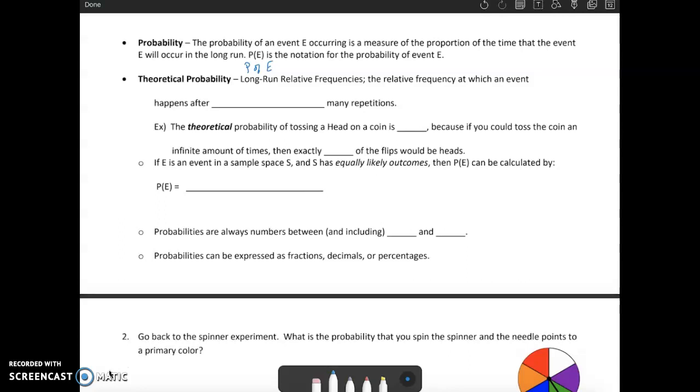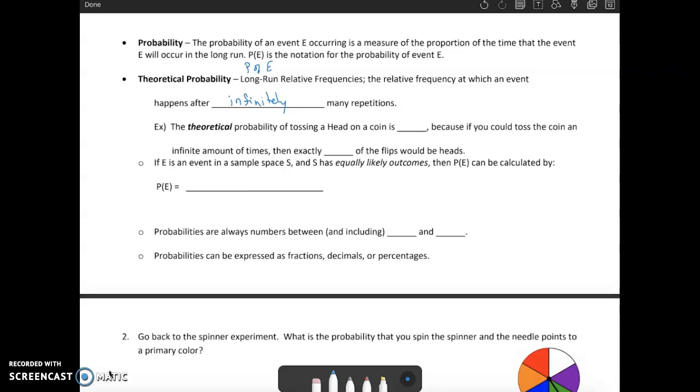This is the long-run relative frequency, the relative frequency at which an event happens after infinitely many repetitions. So if we could do something an infinite amount of times, that is our theoretical probability of that event.